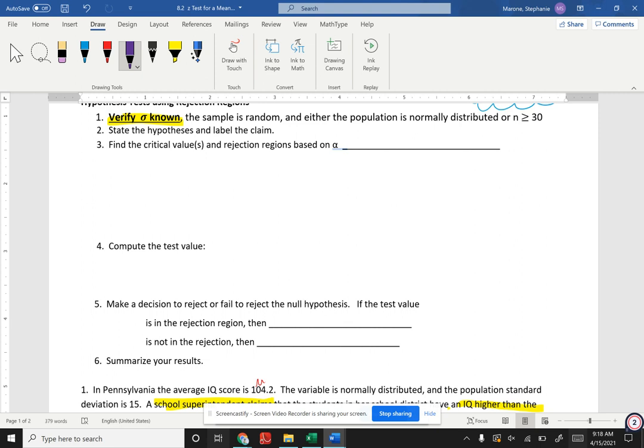To find the critical value, it's based on the region alpha, and we use the inverse norm.